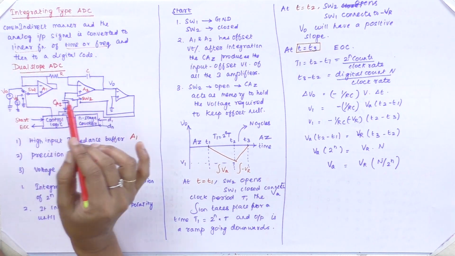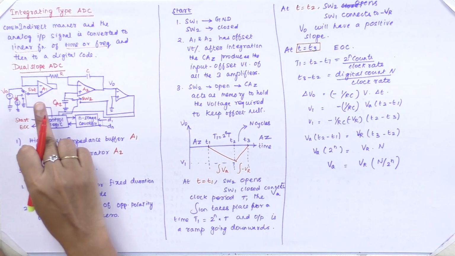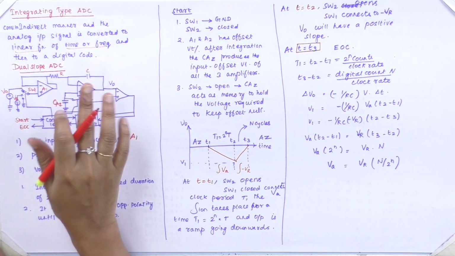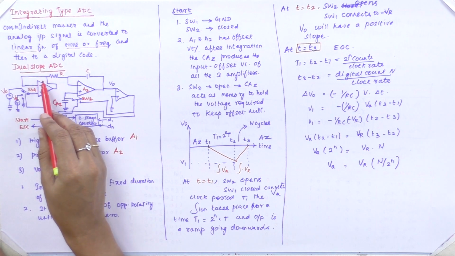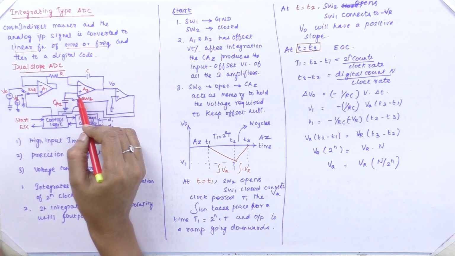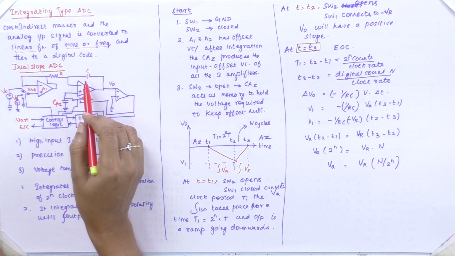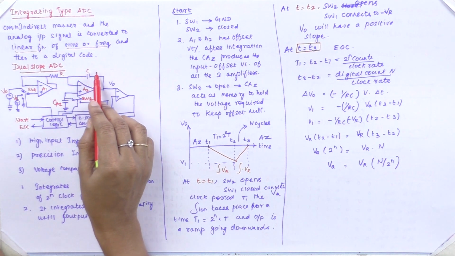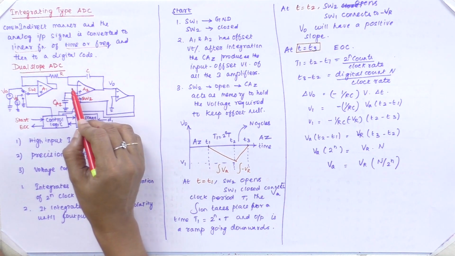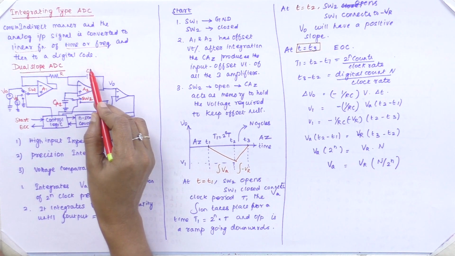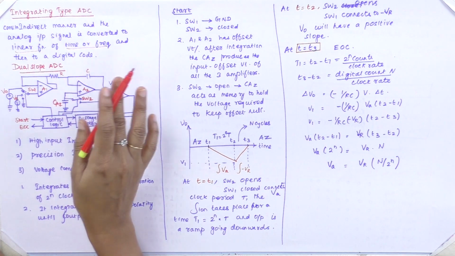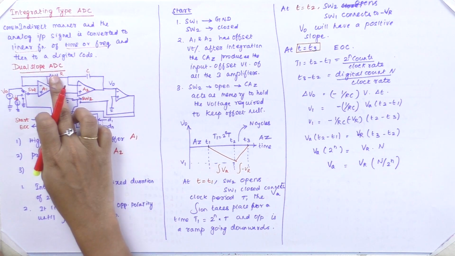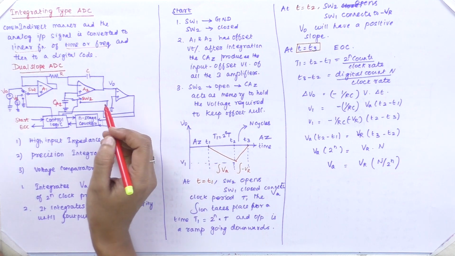So here is a dual slope ADC. The dual slope ADC has an operational amplifier, and this operational amplifier is applied for the integrator concept. That means your feedback element is the capacitor, and the input resistance is connected to the inverting terminal.